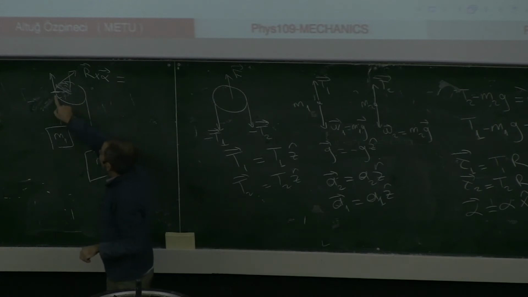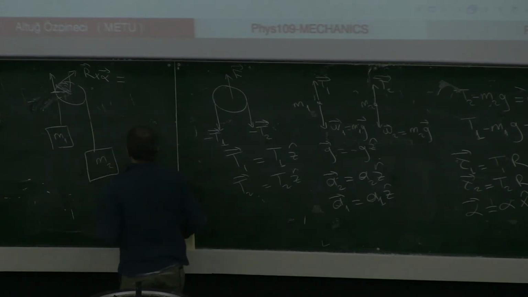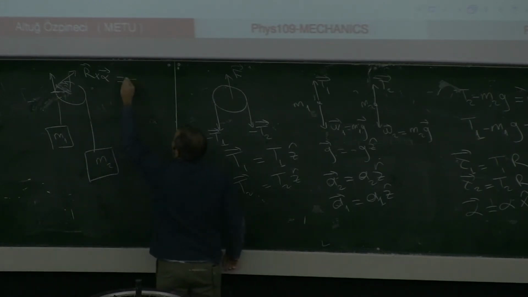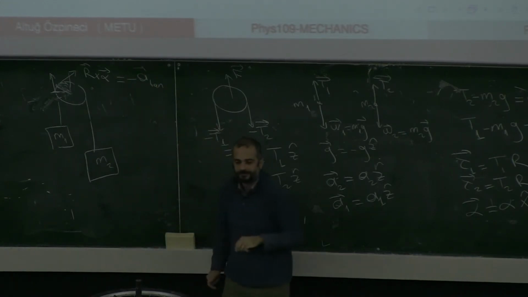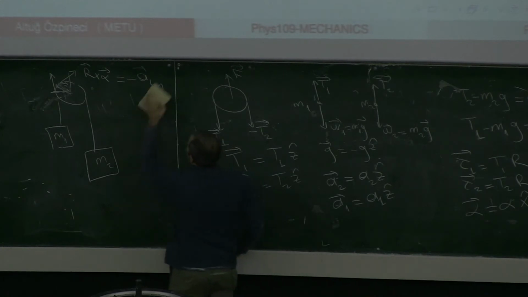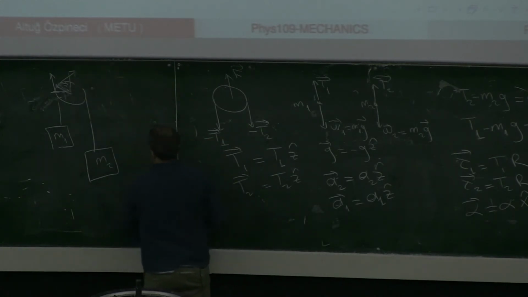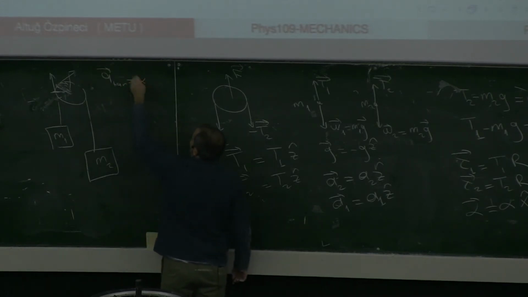So this is minus A tangential. A tangential is alpha cross R.